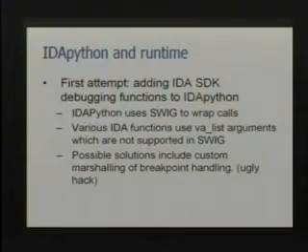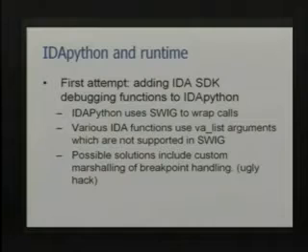People use it for Python, for different kinds of stuff. One of the big problems with SWIG is it doesn't like variable length arguments like va_list. It doesn't support it. A lot of the debugging functions within the IDA SDK use that to pass arguments, so I couldn't do it that way. The other solution was I could have some kind of custom marshalling of breakpoint handling, and that just started getting too ugly really fast.